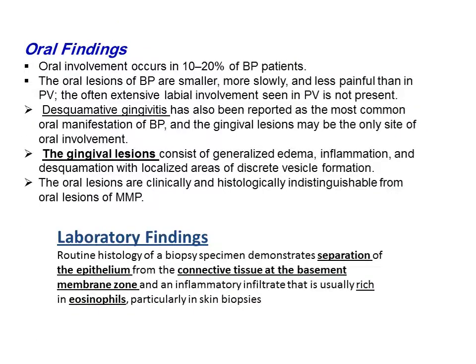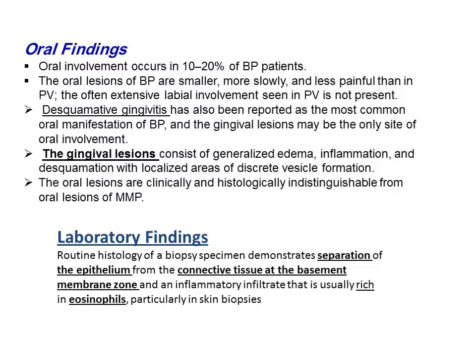Oral findings: 10 to 20% of patients have oral involvement. Oral lesions are smaller, heal more quickly, and are less painful than pemphigus vulgaris. Often extensive labial involvement is seen, and this is not present in pemphigus vulgaris. Desquamative gingivitis has also been reported as the most common oral manifestation of bullous pemphigoid, and the gingival lesion may be the only site of oral involvement.